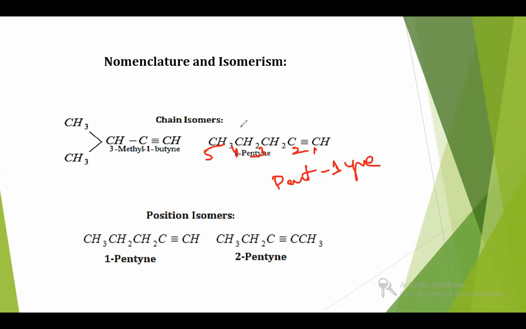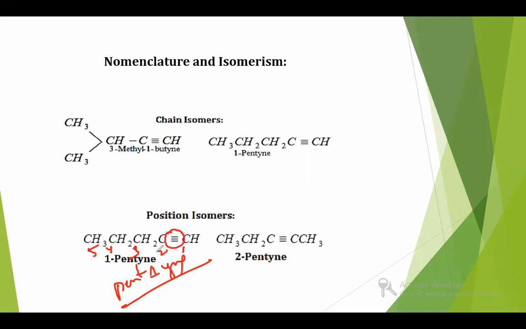Similarly, position isomers depend on the position of the triple bond. With carbon atoms 1, 2, 3, 4, 5, the first carbon has the carbon carbon triple bond, so it is pent-1-yne or 1-pentyne, both are the same. If the triple bond changes from the first carbon to the second carbon, then the numbering differs, meaning the position of the triple bond differs.